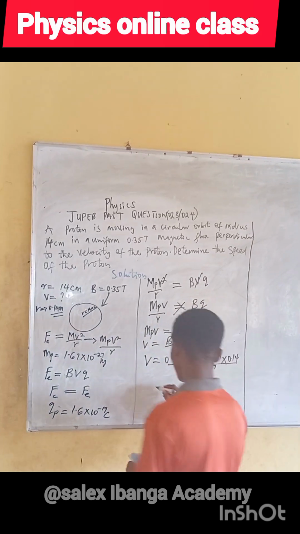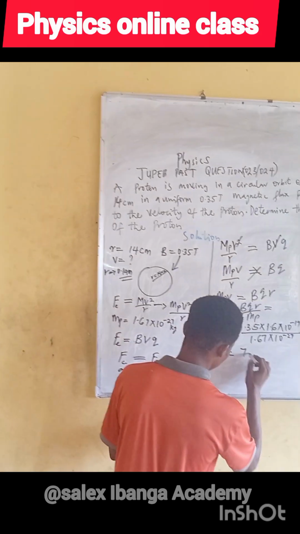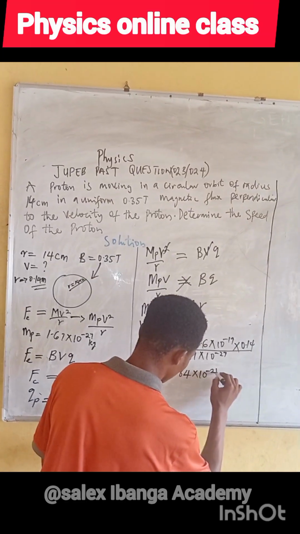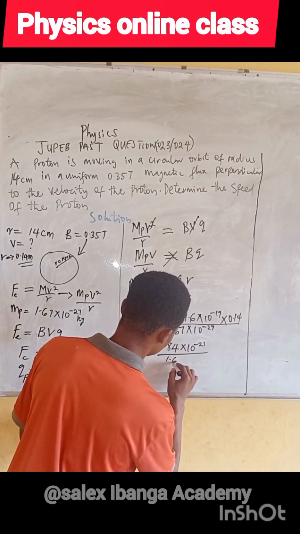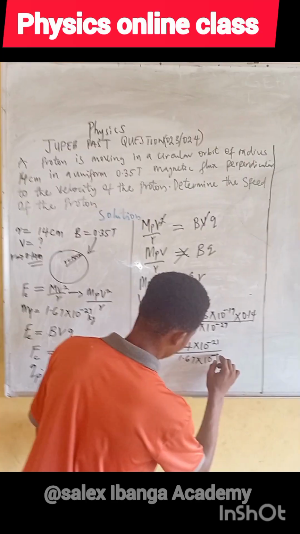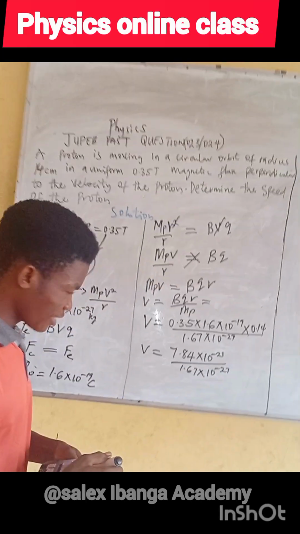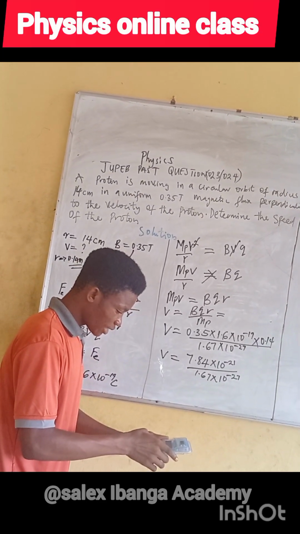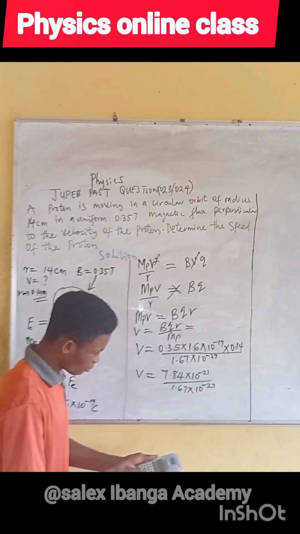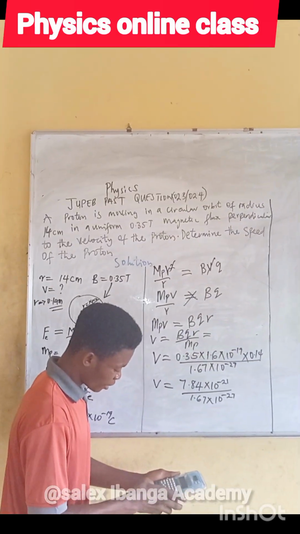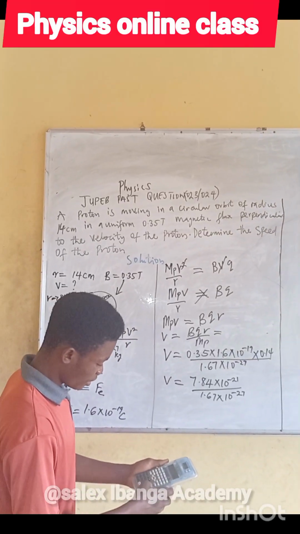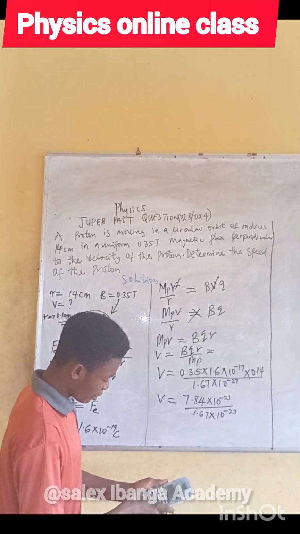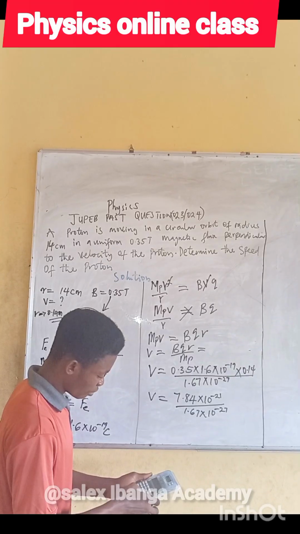At the numerator, we have that V equals 7.84 times 10 raised to the power minus 21 divided by 1.67 times 10 raised to the power minus 27. Brothers and sisters, look at the beauty of what we have there. Let's get our final solution.